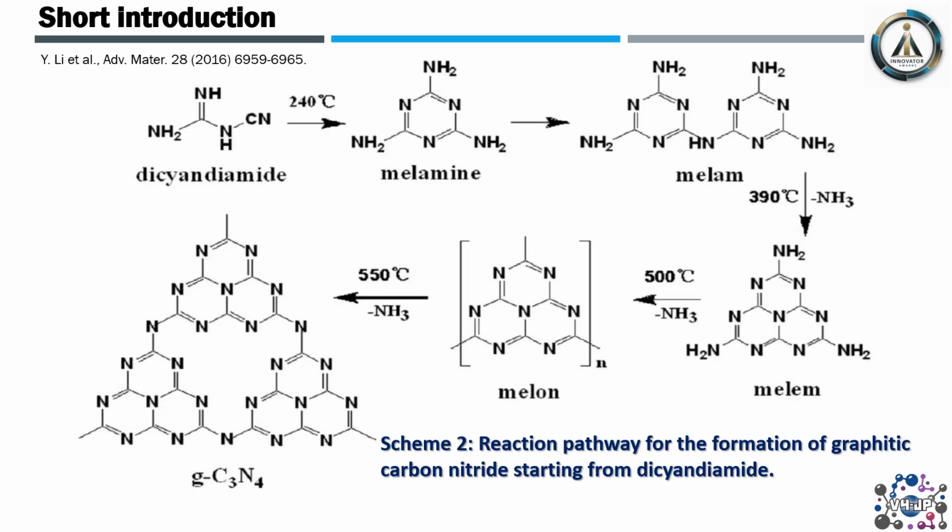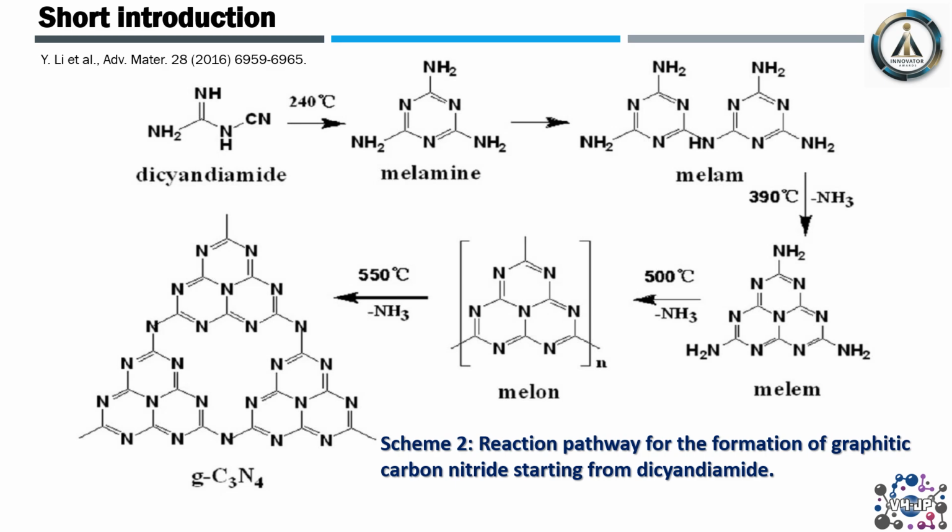Here you can see the reaction pathway for the formation of graphitic carbon nitride, where dicyandiamide was used as a substrate. What is important to see on that slide is that with the increasing temperature from room temperature to 240 degrees, melamine was formed, and finally, with the increasing temperature, as I showed you on the previous slide, graphitic carbon nitride was formed.